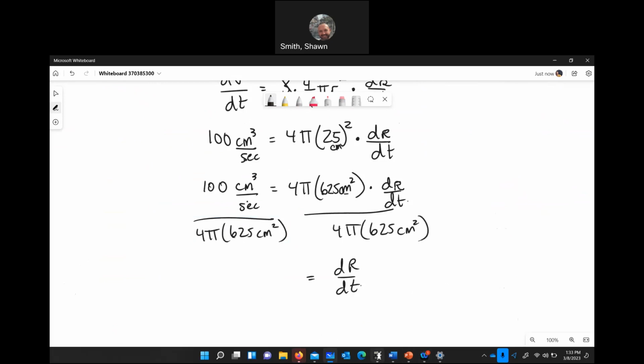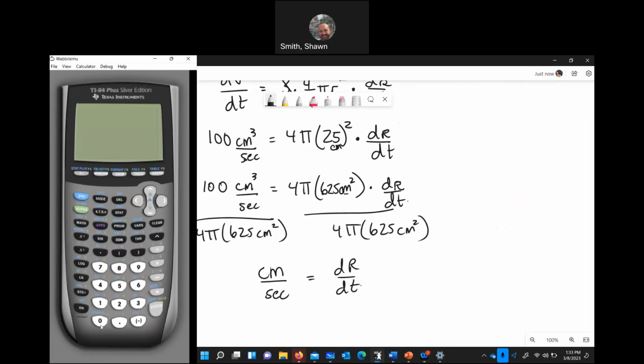Notice these centimeters squared will cancel with the centimeters cubed, so we get a rate of centimeters per second. It makes sense, right? The radius is a linear measure.